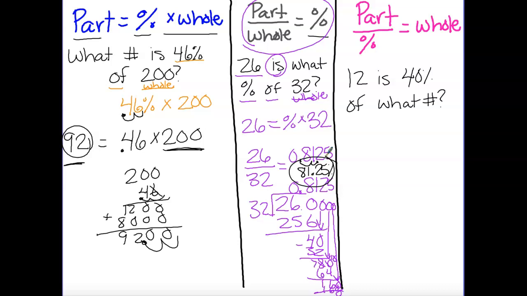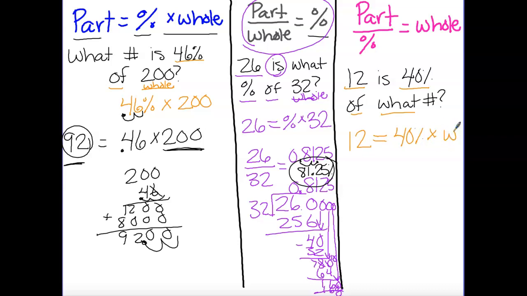On to my last example. I have 12 is 40% of what number? So 12 is 40% of what number? 12 is means equal, 40% of means to multiply, and we don't know the number.